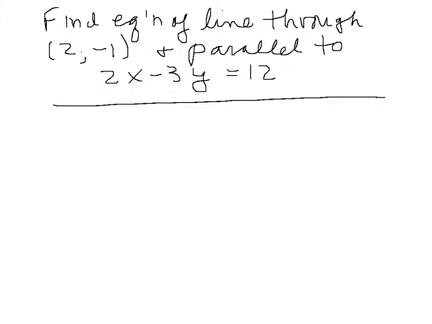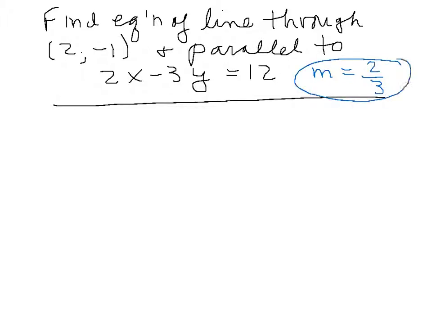Okay, so this problem is a little bit more interesting, so make sure you read it and understand what's being asked. And as before, we need to get the slope of this line, so we need to put it into y equals mx plus b form. And I won't go through that for you right now, but you should figure out that the slope of this line is equal to 2/3.